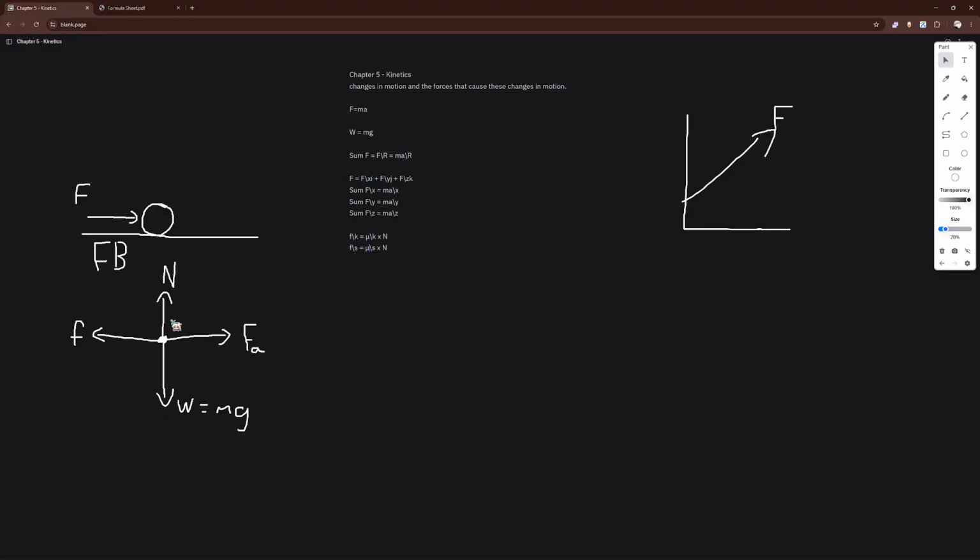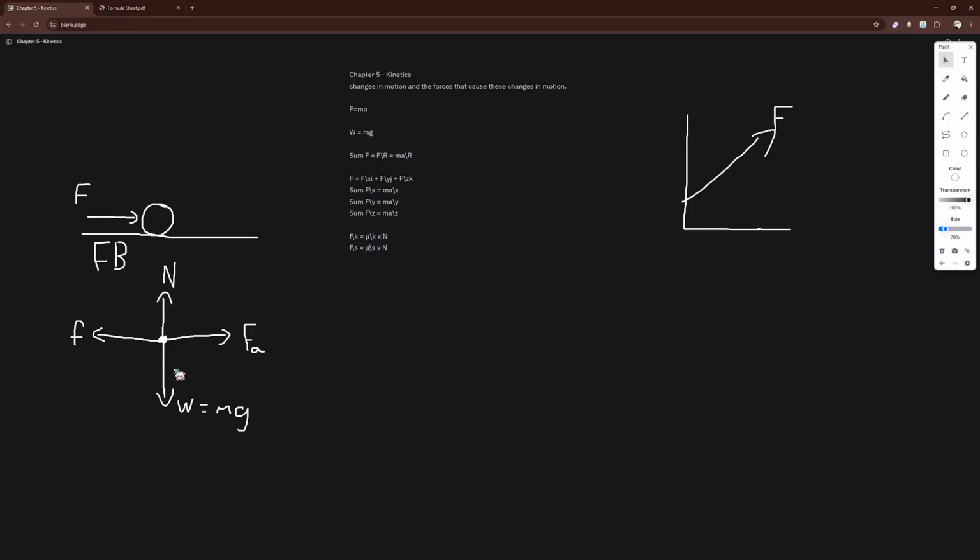100. So to surpass that, you'd need your Fa to be more than 100, and then the ball would start moving. So the question would be like, here's a variable force Fa. Here's your static friction. How long will it take until the ball starts moving, right?